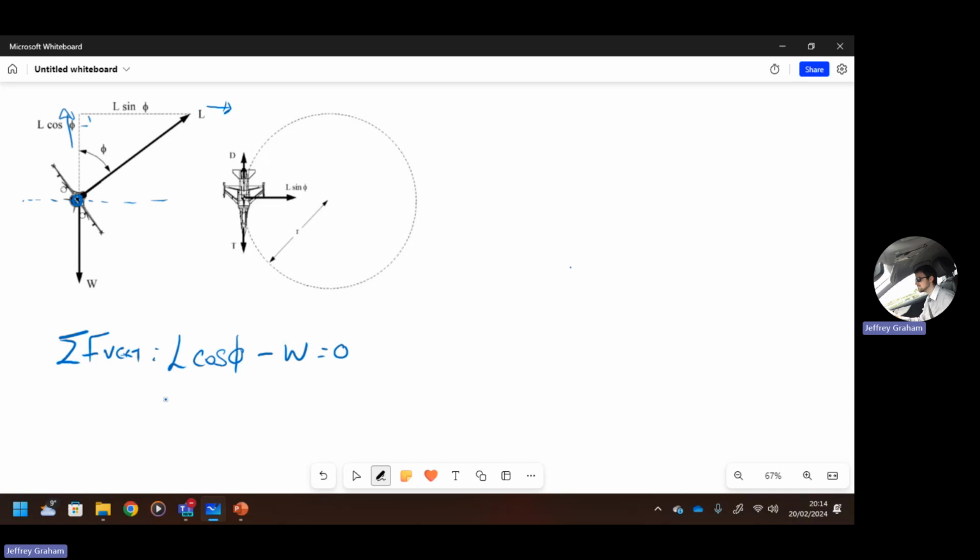First up, I'm going to rearrange the equation for the weight. So it says weight equals lift times the cosine of our bank angle.